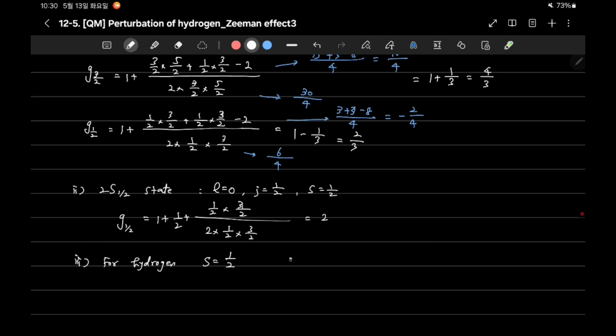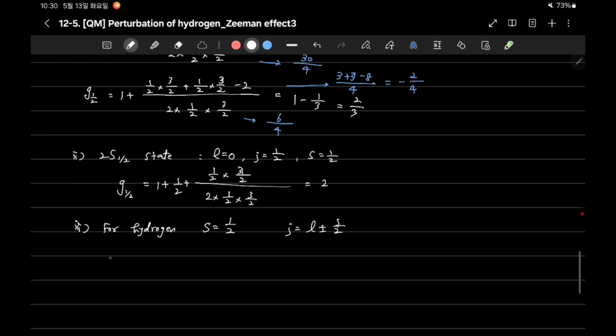So, the total angular momentum is J = L ± 1/2. The gyromagnetic ratio is g_J = 1 + [J(J+1) + S(S+1) − L(L+1)] / 2J(J+1).